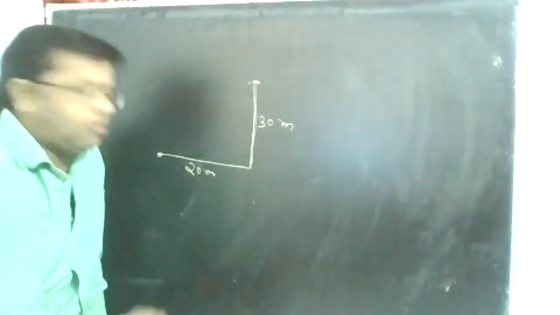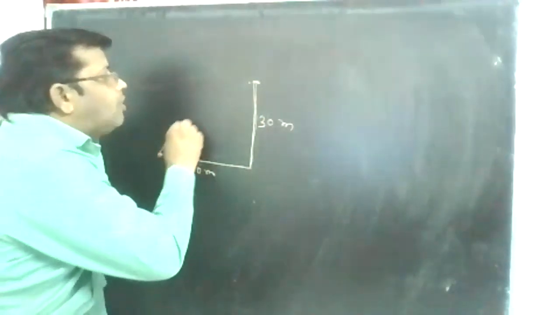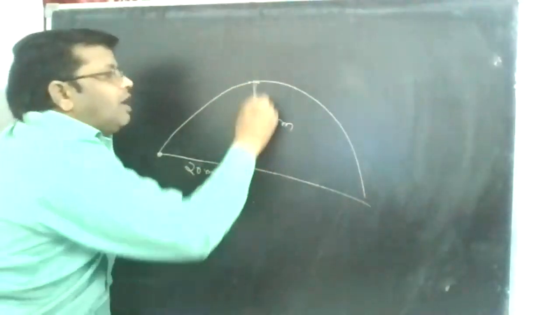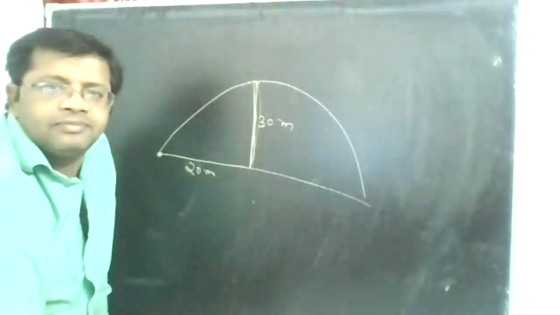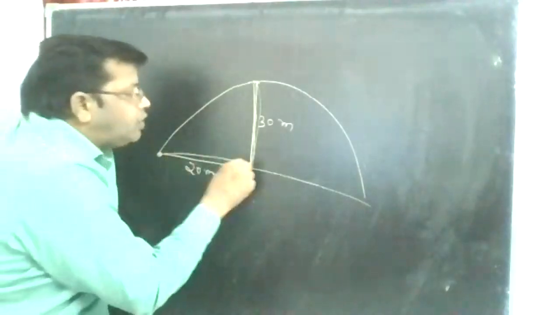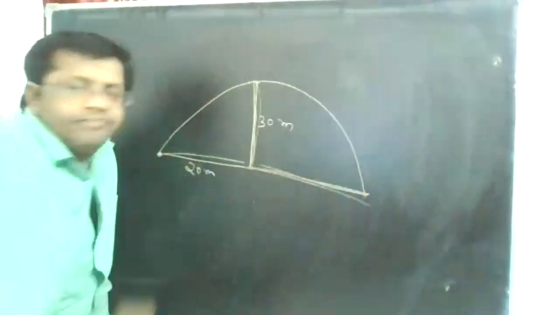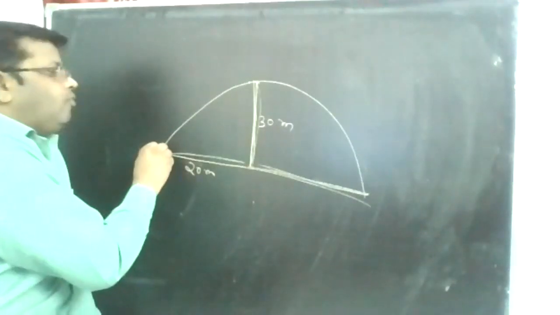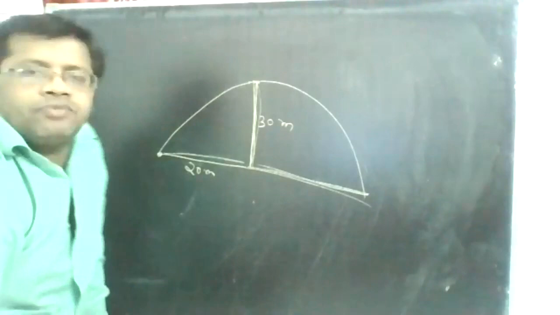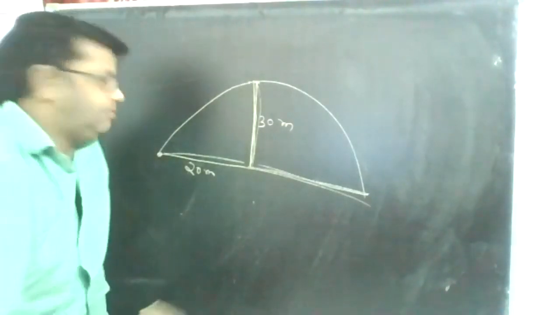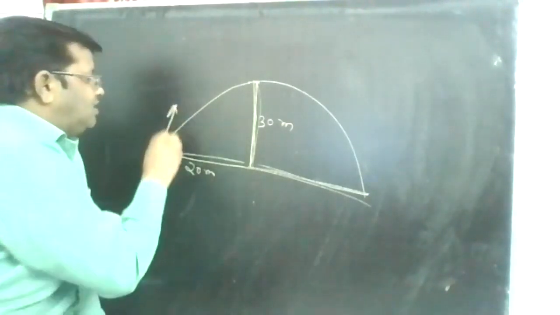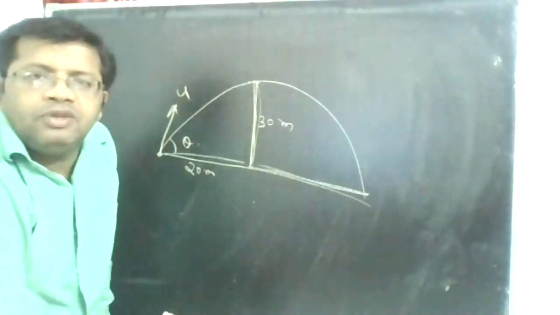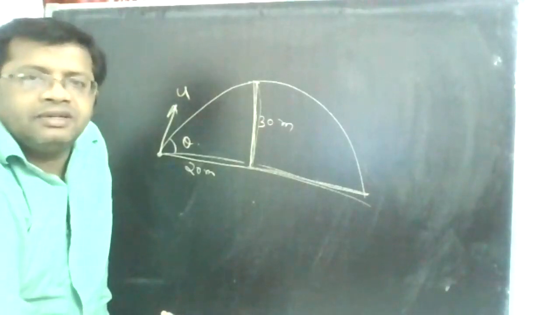Just cross the pole, so draw it like this. This will be the maximum height, and the range will become 20 plus 20, 40. With what velocity and with what angle should you throw the ball? Two questions: u and theta are asked.